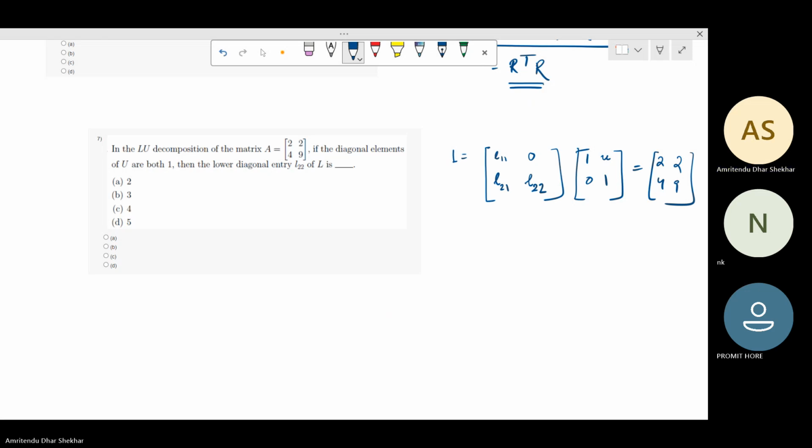Okay, so what do you get? You get L11 equals L21 equals 4.